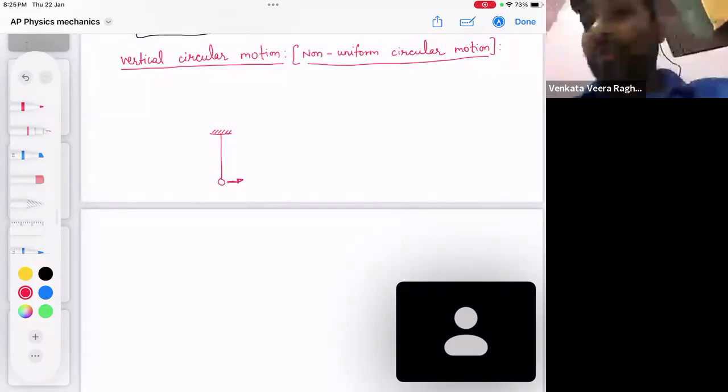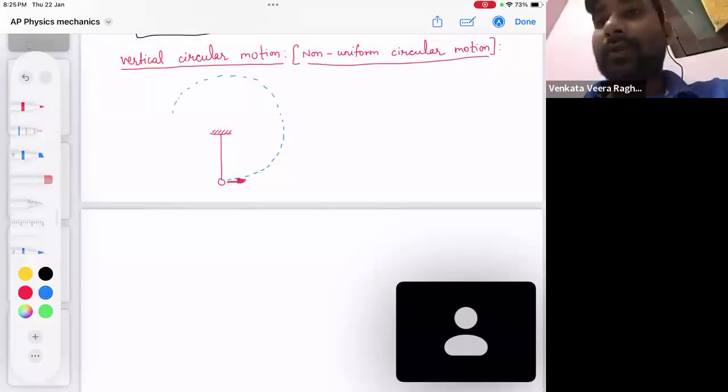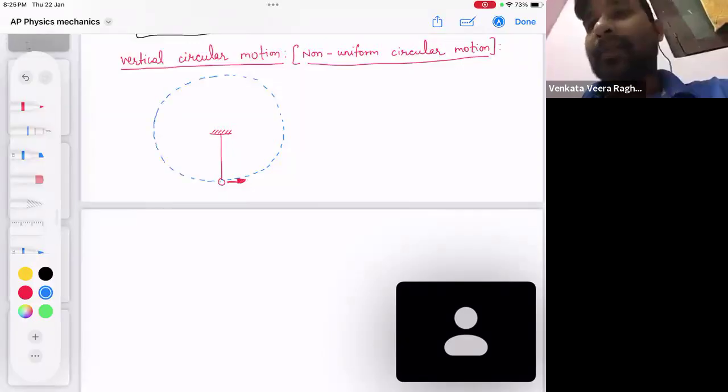So we need to provide a minimum velocity for that purpose. If I don't give that minimum velocity, it won't be able to complete the circular motion. So what we want to calculate is the minimum requirement of that velocity. Clear?